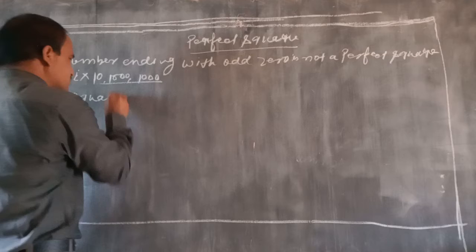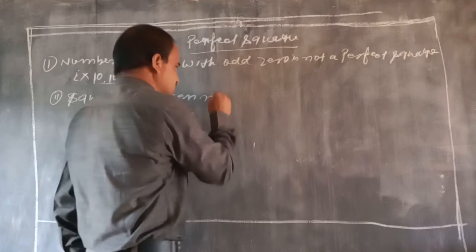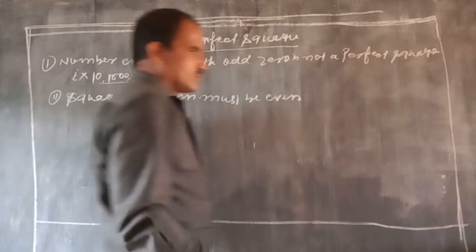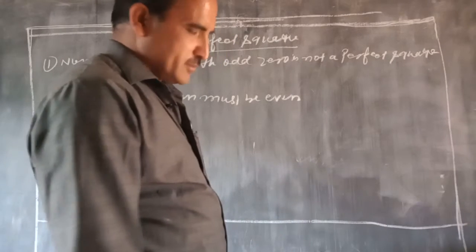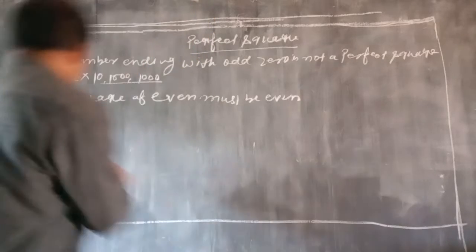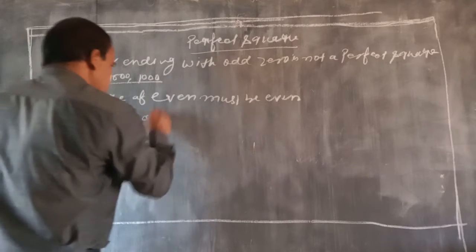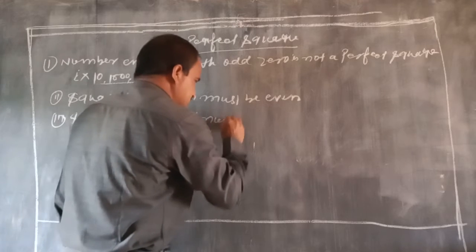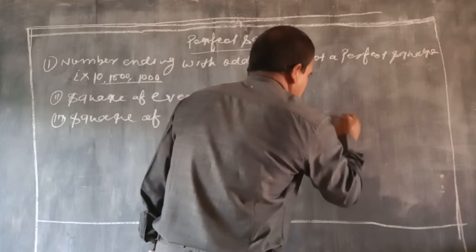Second, the square of an odd number is always odd.